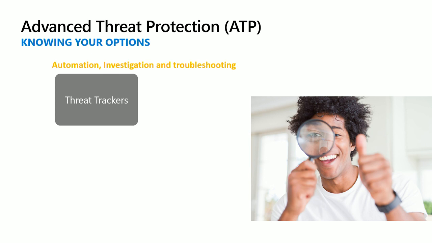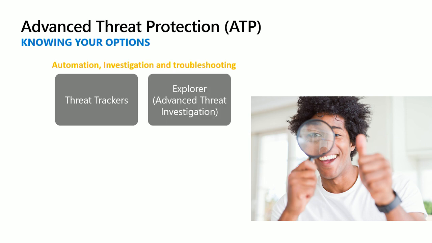So there are some additional features in the tool set that help us with that. The threat trackers specifically will help us understand if there's anything going on maliciously within our tenant, but there's also a report in there that will tell us about things going on out in the wild as well.